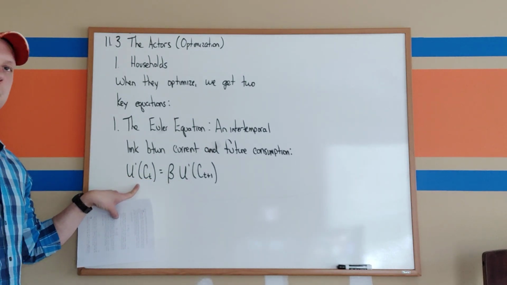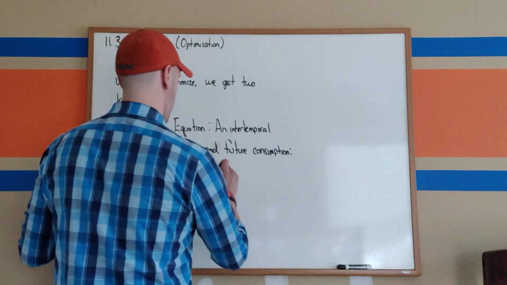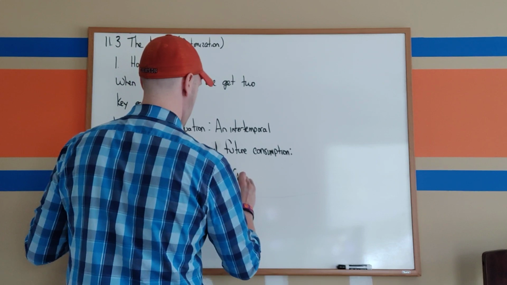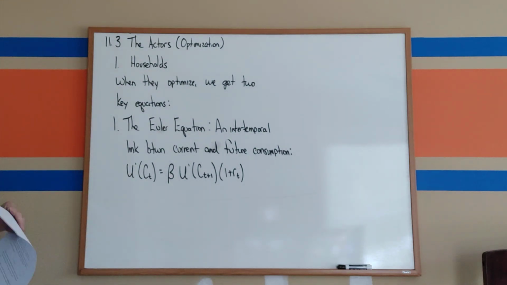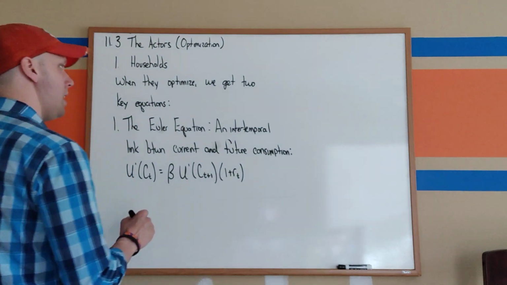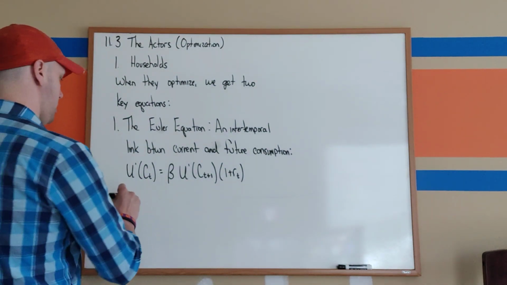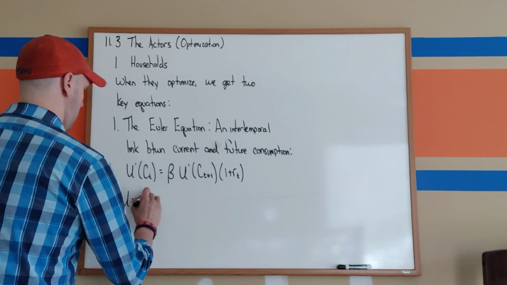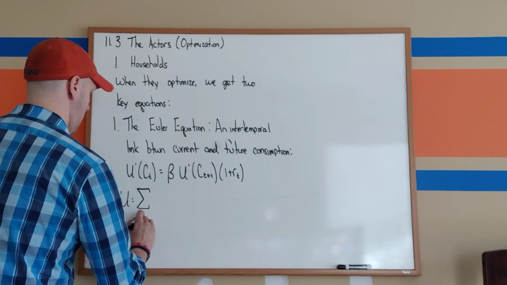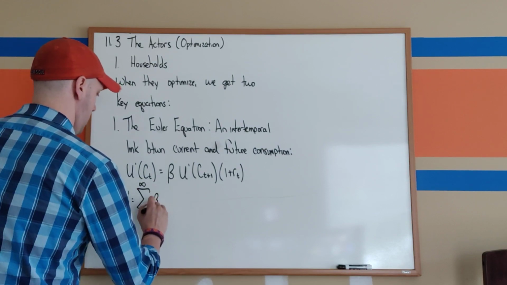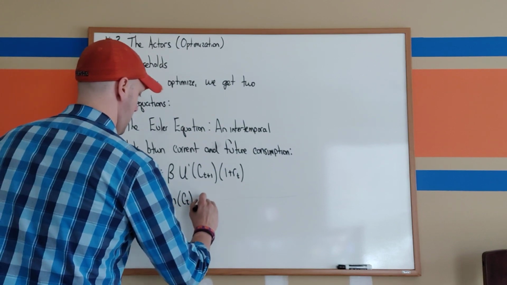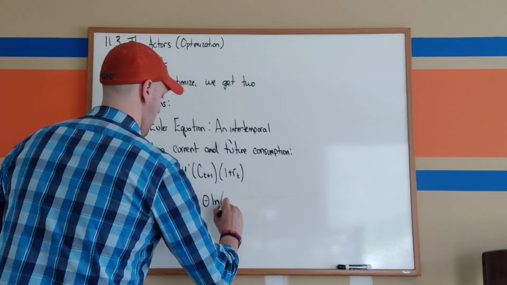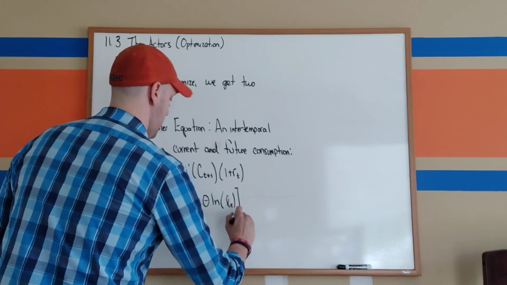But there's one other element here that we need in order to be able to get this Euler equation, and that's 1 plus r_t, which is the interest rate. Now, if you remember, the utility function for the household was this.